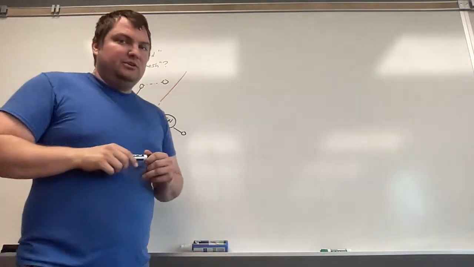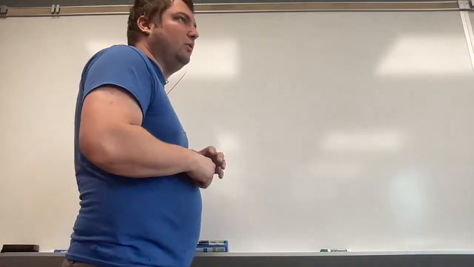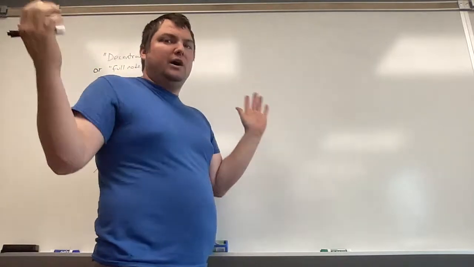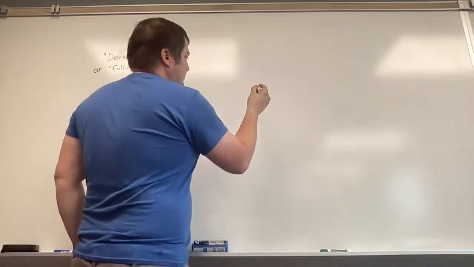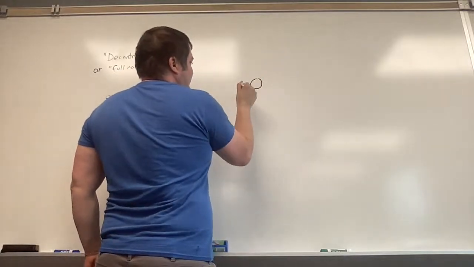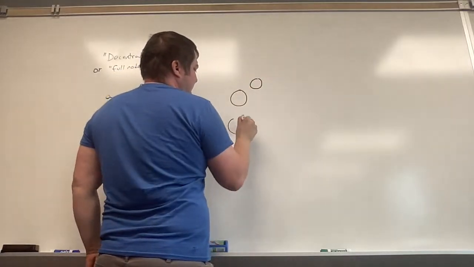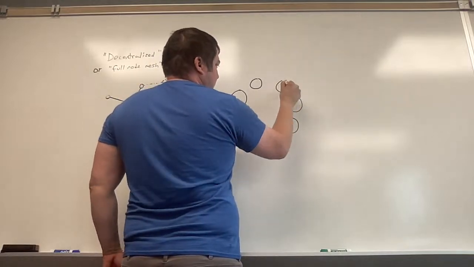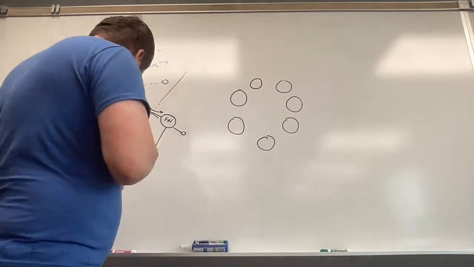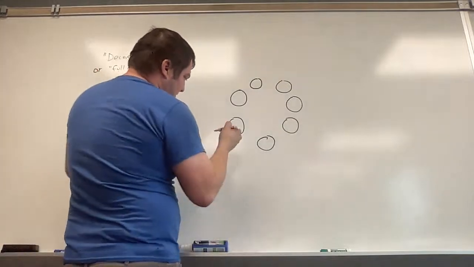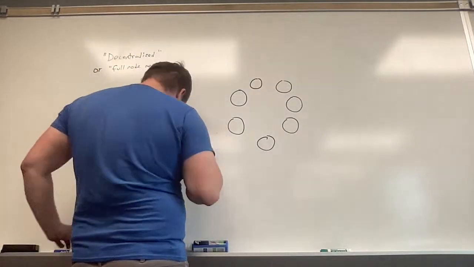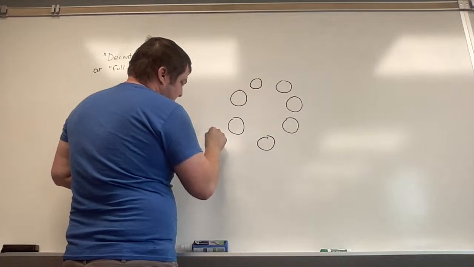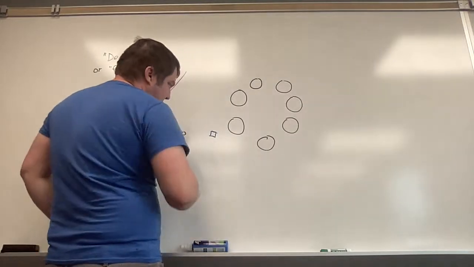So let me show you guys what I think the vision was for Bitcoin, okay? What you have is a lot of full nodes. Maybe you got one over here that's United States, right?